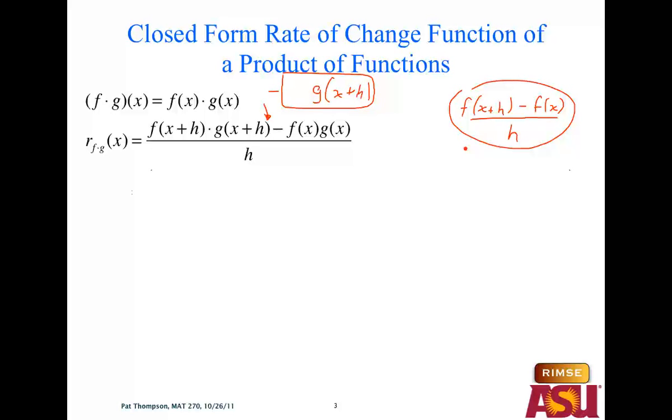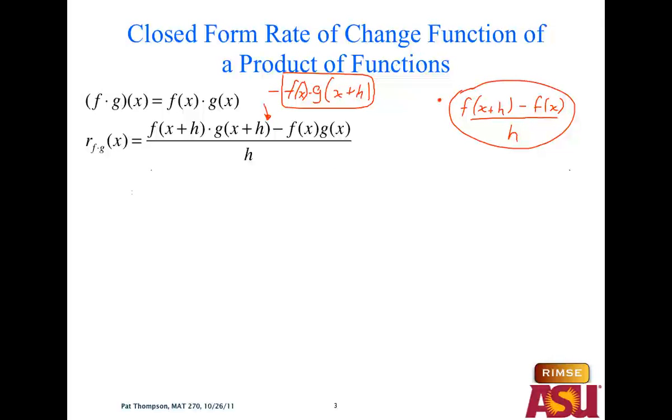It's kind of hard to see. What if we had f of x times g of x plus h? Then what could we do to those two terms to get something like this?